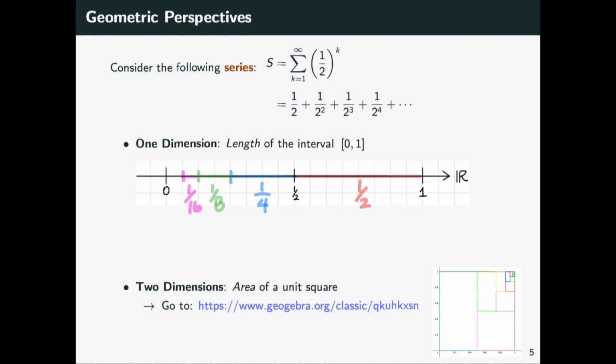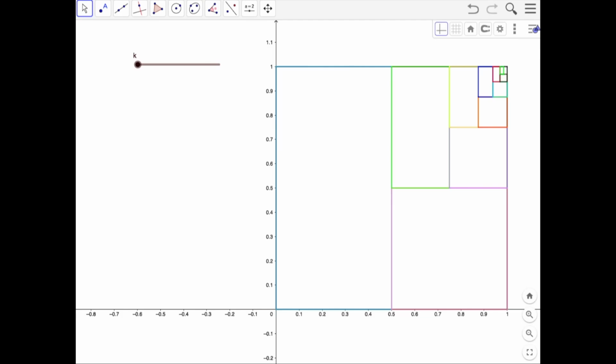Next, we're going to go to GeoGebra just so that we can see what's happening in a two-dimensional space. So here's the GeoGebra page. This is a square of area 1, finite area. And what we're going to do is a similar kind of slicing up, and we're going to see if we can actually represent that infinite sum using this.